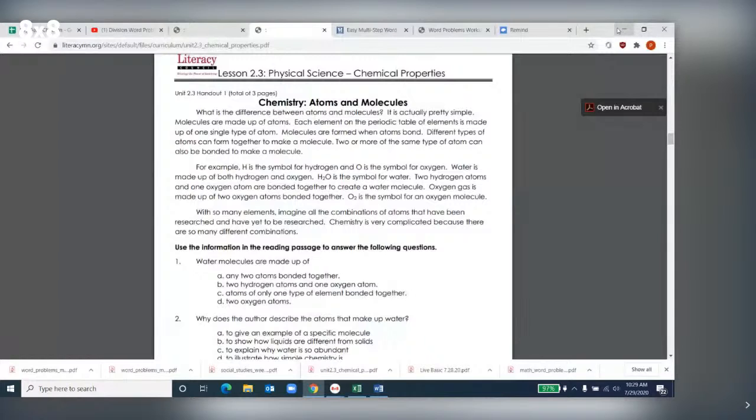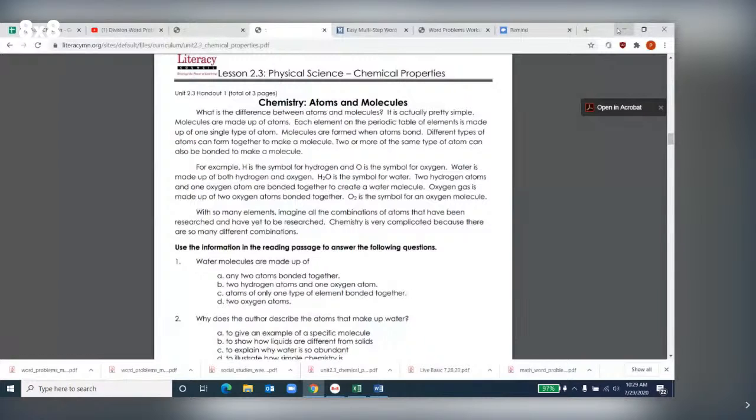For example, H is a symbol for hydrogen, and O is a symbol for oxygen. Water is made up of both hydrogen and oxygen. H2O is a symbol for water. So that means two hydrogen atoms and one oxygen atom are bonded together to create a water molecule. Oxygen gas is made up of two oxygen atoms bonded together. O2 is a symbol for an oxygen molecule.